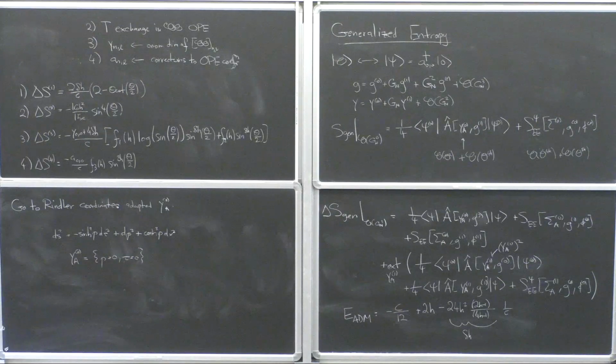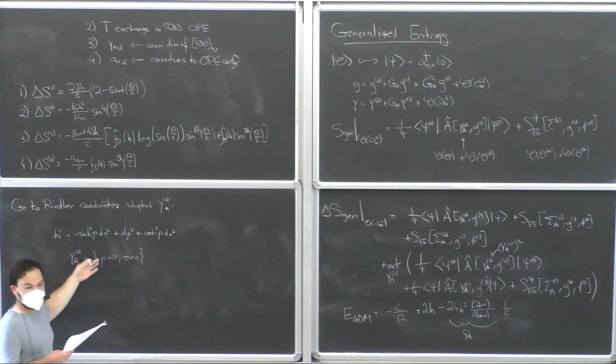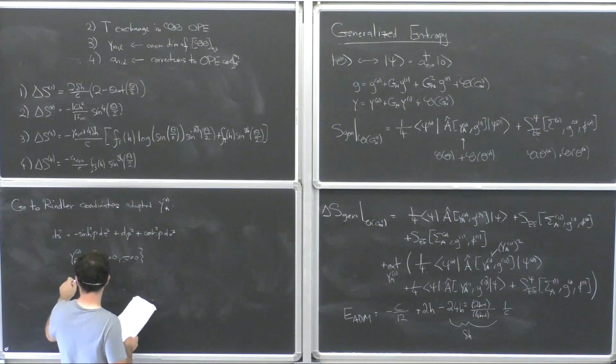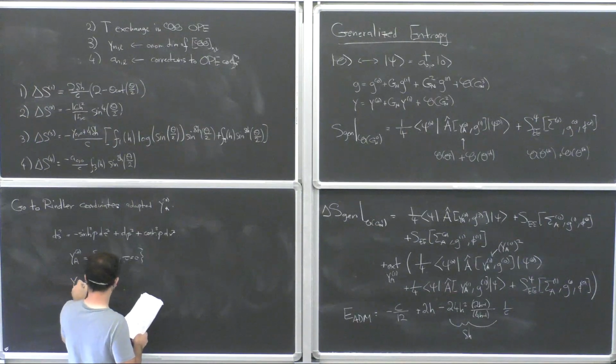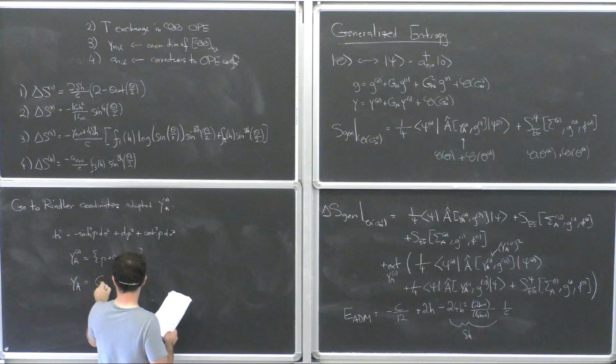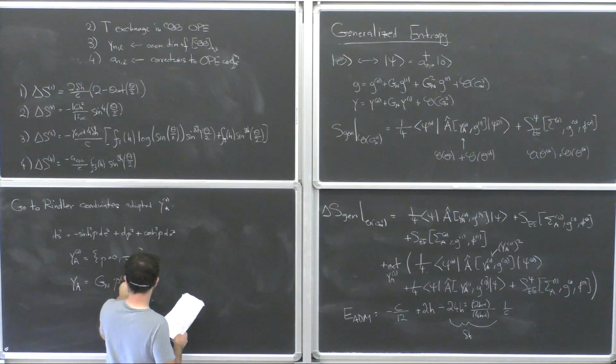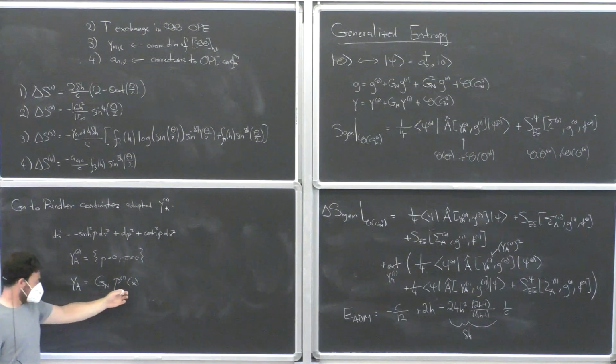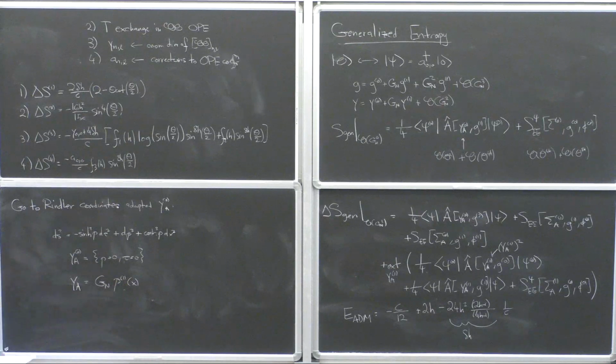So that's just the Rindler horizon in these coordinates, or the rotation surface of the Rindler horizon. So what that means is that this quantum extremal surface is just given by G Newton times some rho of x. Okay. So that's the function that describes the quantum extremal surface.